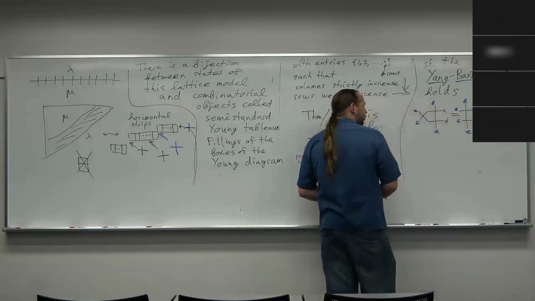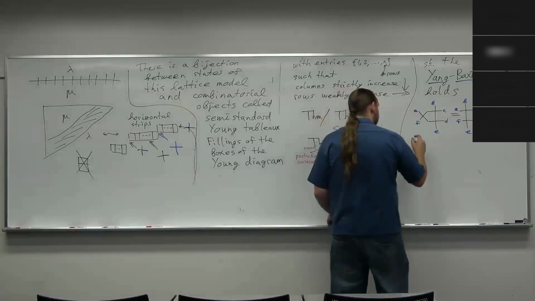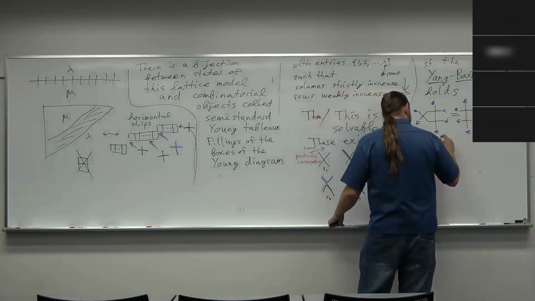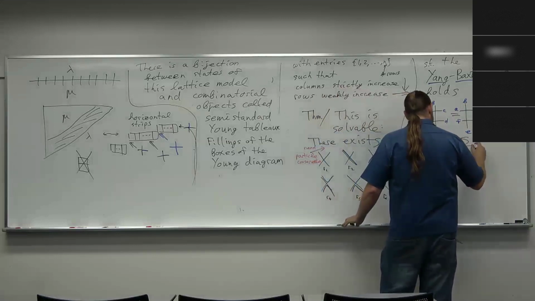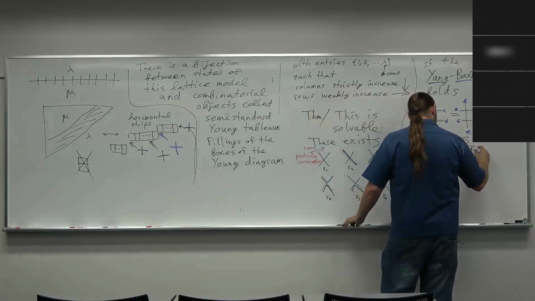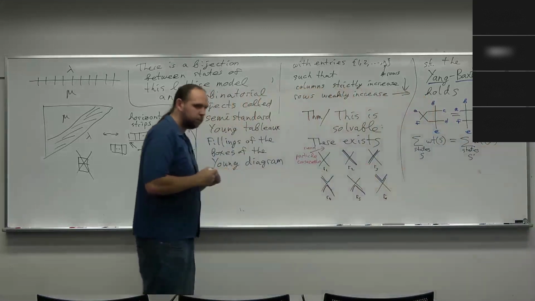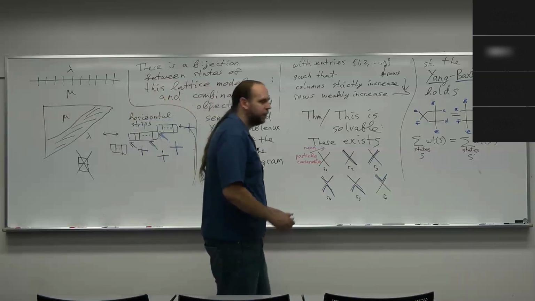And the Yang-Baxter equation says these are the same model in the following sense: if I sum over all states, and let's call that state S, and I look at the weight of the state over here, this is the sum over all states S prime, and the weight of the state over here. So this is a local criteria, basically.